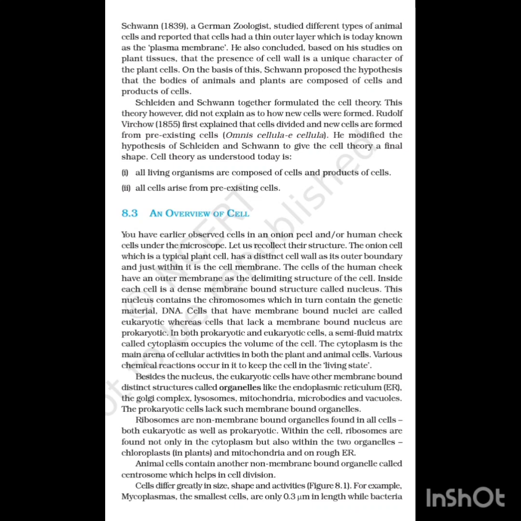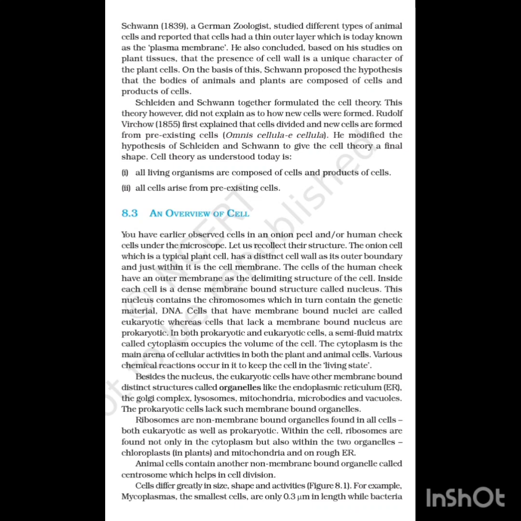Besides the nucleus, eukaryotic cells have other membrane-bounded distinct structures called organelles, like endoplasmic reticulum, Golgi complex, lysosomes, mitochondria, microbodies, and vacuoles. The prokaryotic cell lacks such membrane-bounded organelles.